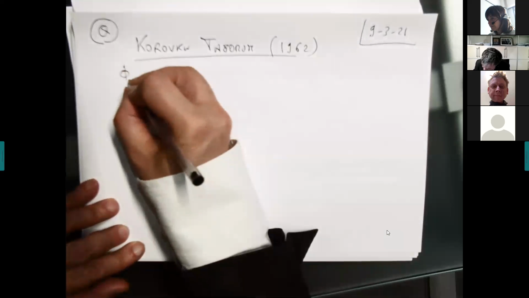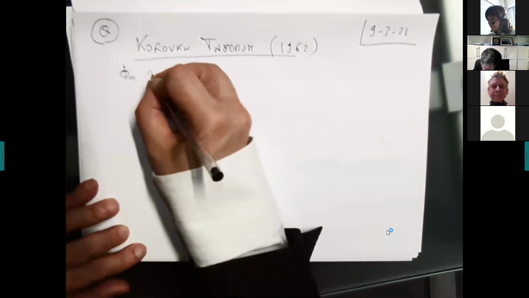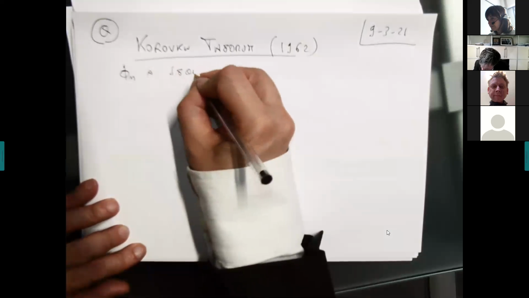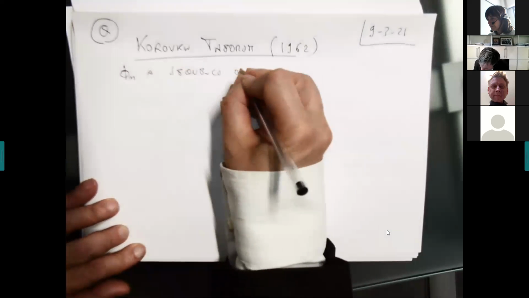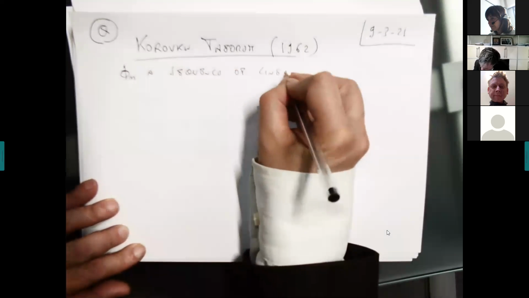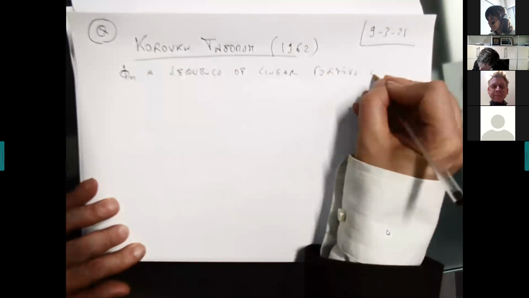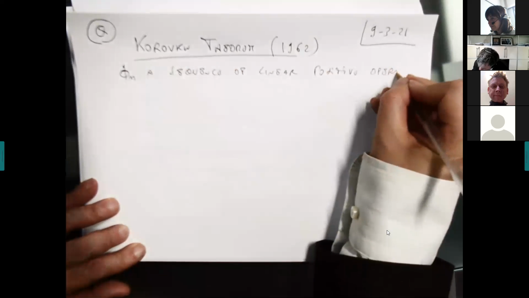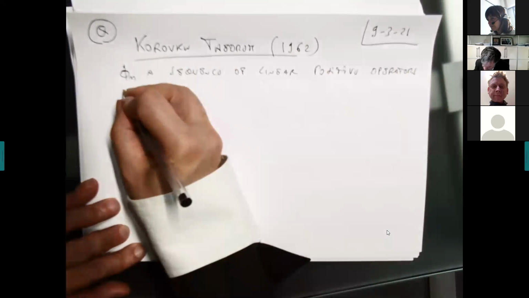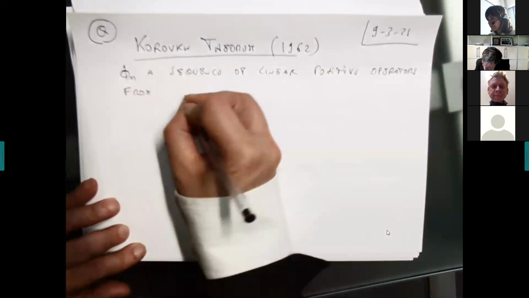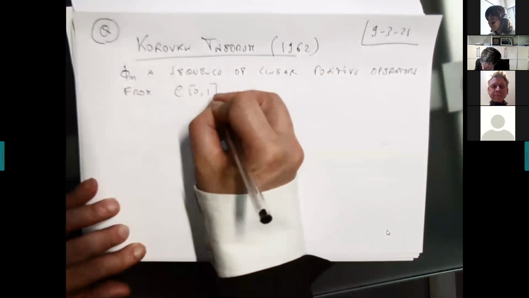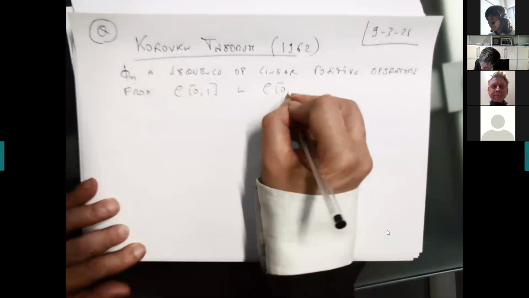So you have phi n, a sequence of linear positive operators from C01 into C01.